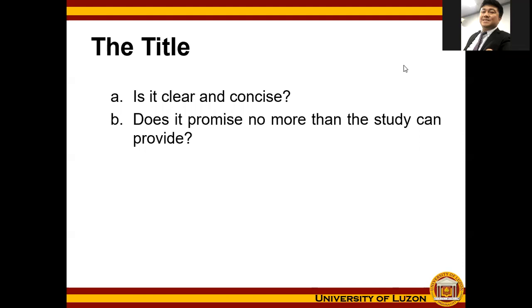Okay, so that's for the title of the investigation. So there are two things that you will take note of. Number one, is it clear and concise? And number two, does it promise no more than the study can provide? So that's for the title.